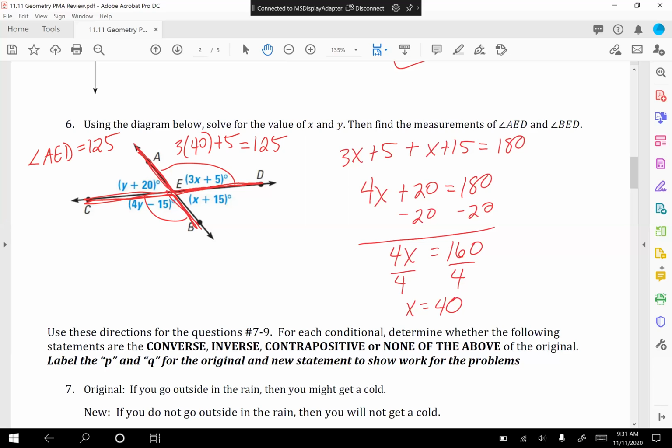So what does that tell me about this angle over here, this 4y minus 15? It's also 125. So I can use that to solve for y, okay? A little bit more easily. So 4y minus 15 equals 125. So add 15.